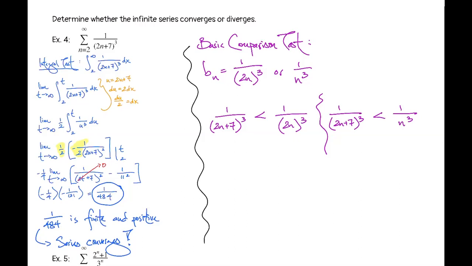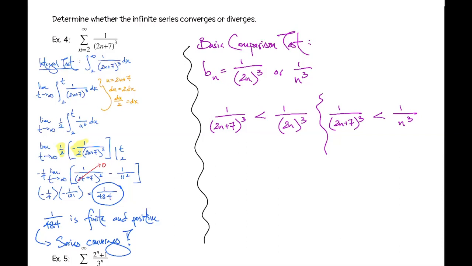So I would say in this case, either one could be an appropriate b sub n. So it's okay to have a different b sub n than someone else might choose, as long as you can confidently say this one is larger than this one, and the one that I said is larger converges or diverges or whatever it might be.